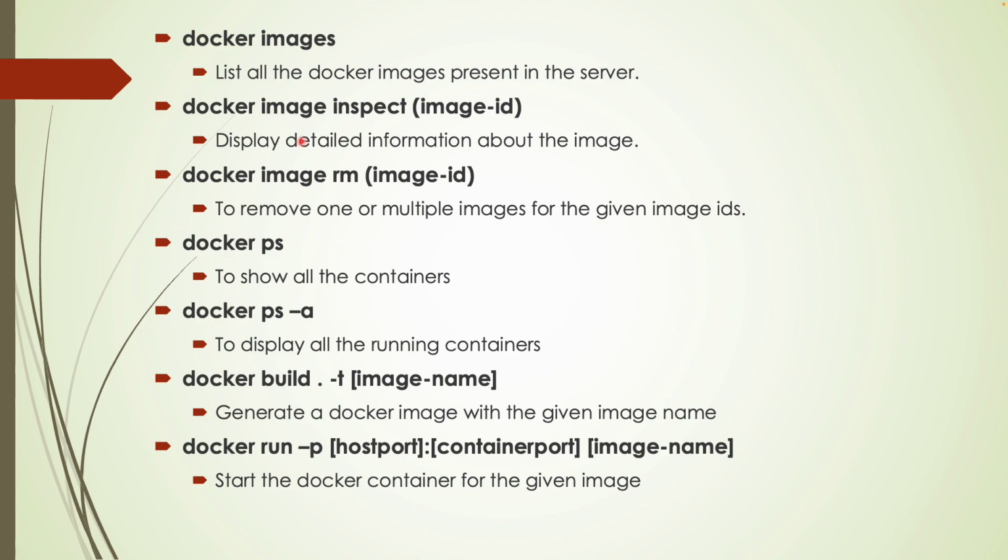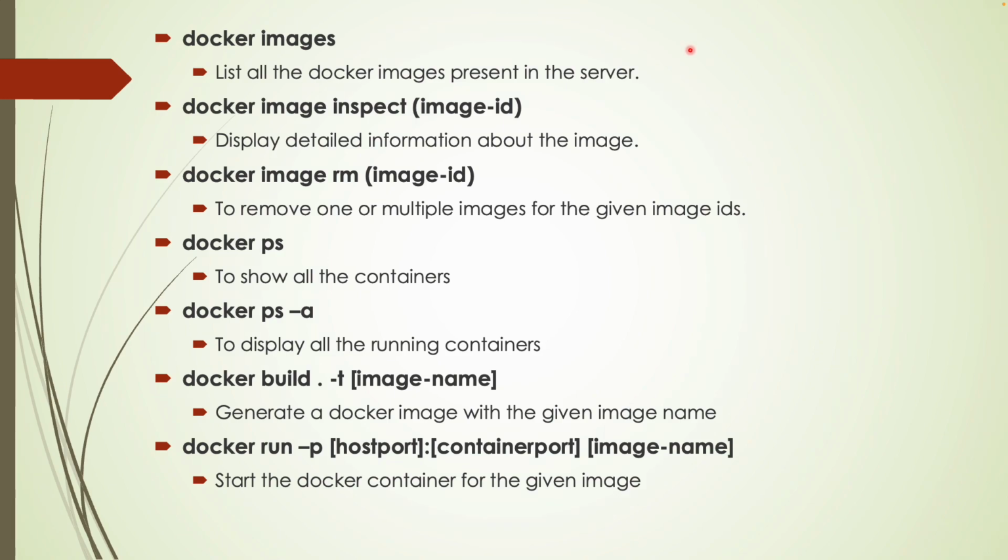So the first command that we are going to discuss is Docker images. If we give Docker images, then what will happen? It will list all the Docker images that are present in the server. I'll tell you a prerequisite. Whenever you are going to use Docker in your application, just check Docker version. Docker version will list the client and server version in your machine.